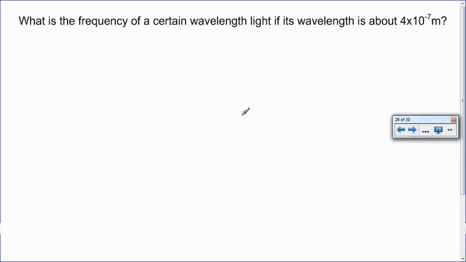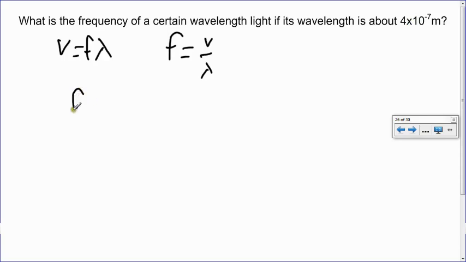Right, next question. First of all, start at the beginning, write down my wave equation. Let's see what I'm being asked to find out. So they want me to calculate the frequency. I'm given the wavelength, I know the velocity already. So the frequency is going to be equal to velocity divided by wavelength. And I'm given one of the numbers in standard form, so I don't need to convert this, that's really handy for me.